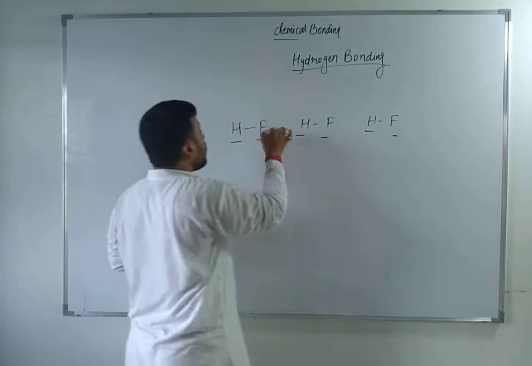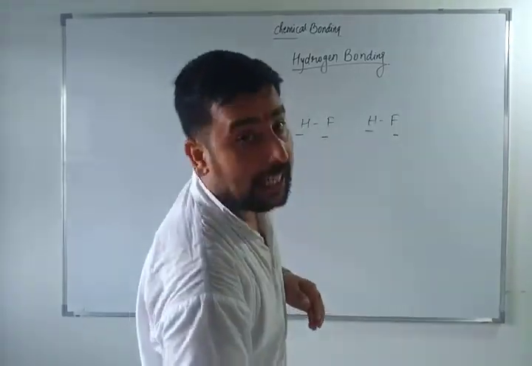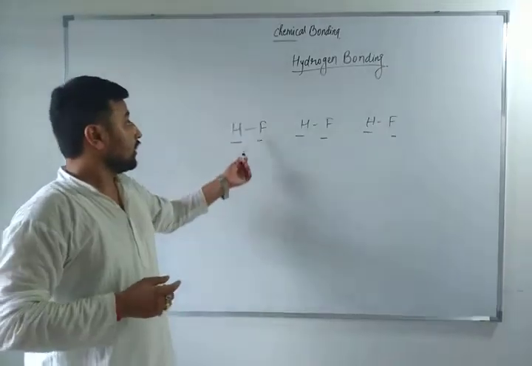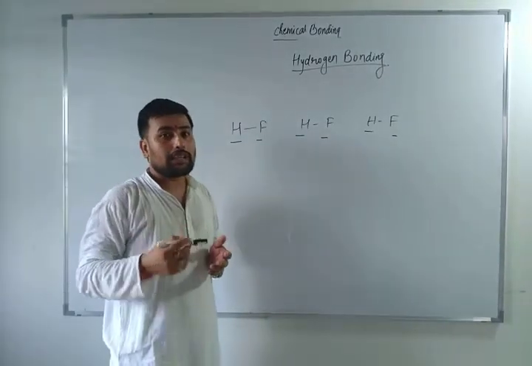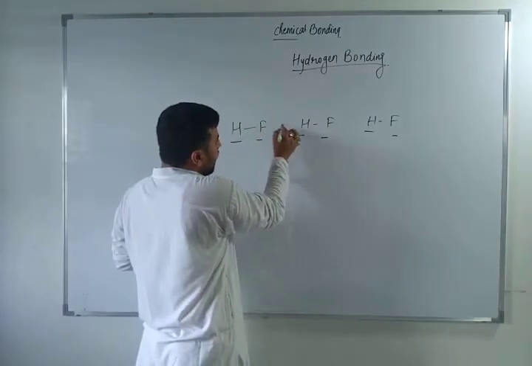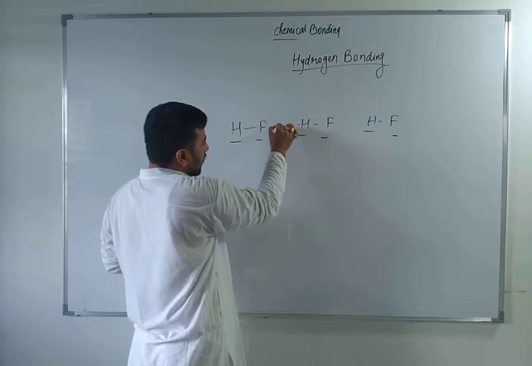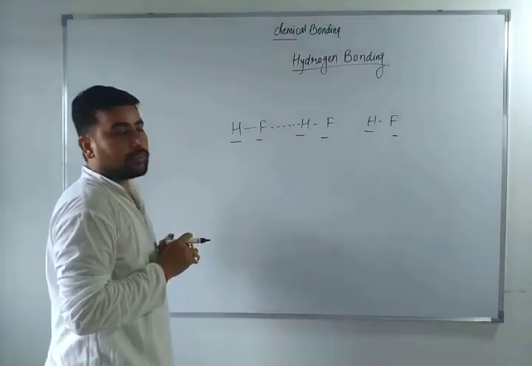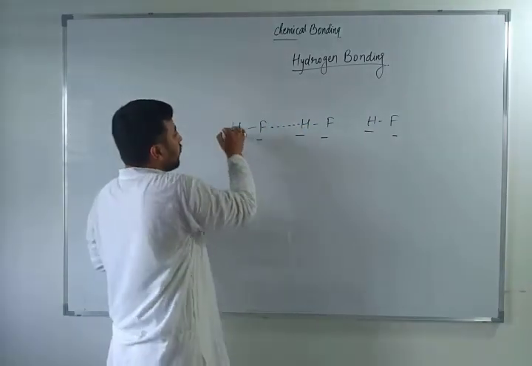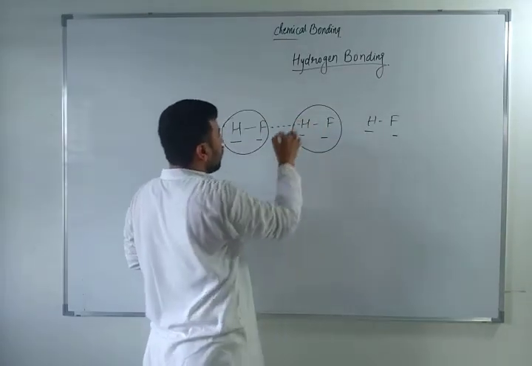Fluorine is a highly electronegative element. Since this fluorine is highly electronegative, what will this fluorine do? Fluorine will attract another hydrogen atom towards this fluorine atom. What I mean to say is, this was one HF molecule, this was another HF molecule.